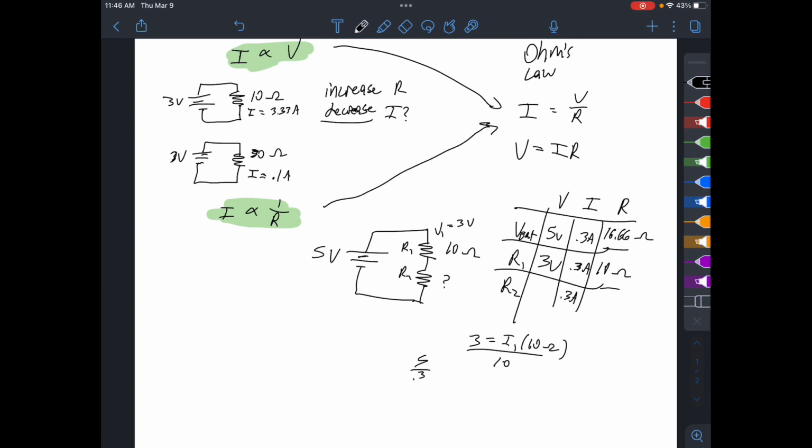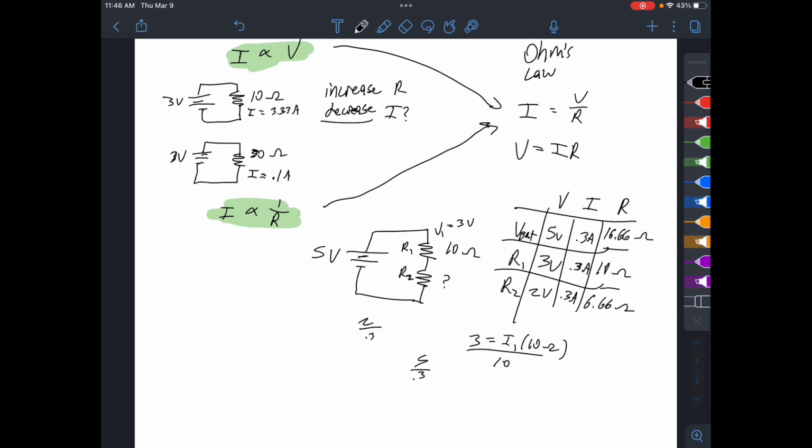And now I need to find resistor 2, and I can use another rule, which is the voltage drops across R1 and R2 have to be equal to the voltage across the battery. So I know that this is 2 volts. 2 plus 3 is 5. And then again, just solving for R, which would be 2 volts divided by 0.3, excuse me, 6.66 ohms.